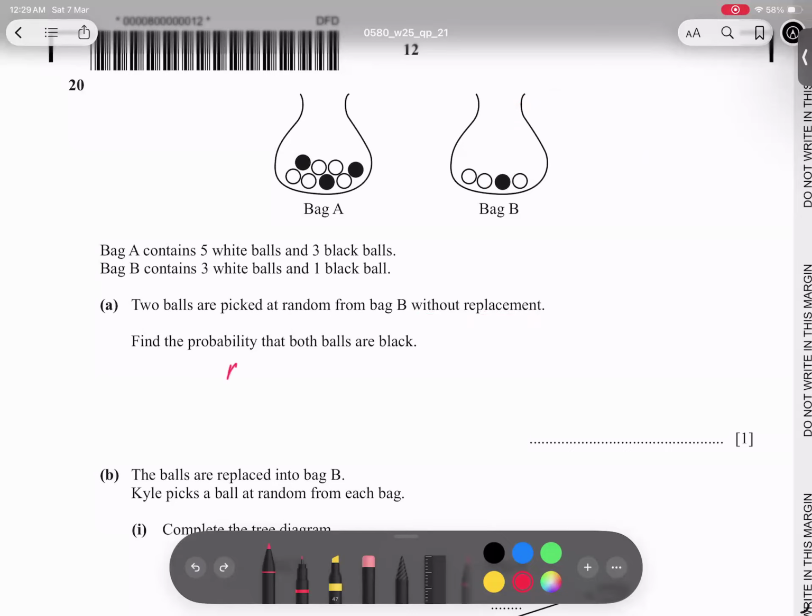Black, first ball, and then I will take the second ball and in the middle multiply. So first ball black: total balls are 4, so 4 will go down and black is 1 out of 4. But without replacement, when black goes out, how many black are left? 0 black out of 3 left. So basically we are getting 0 as the answer.